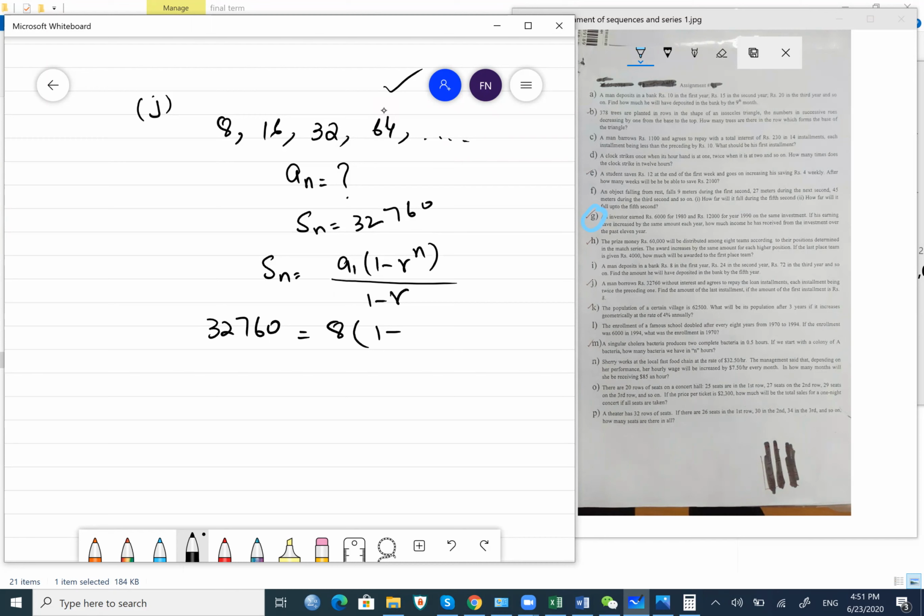It is 32 divided by 16, or 16 divided by 8, which is 2. So 1 minus 2, and 32,760 divided by 8 equals 1 minus 2 raised to power n over 1 minus 2, and 1 minus 2 is minus 1.